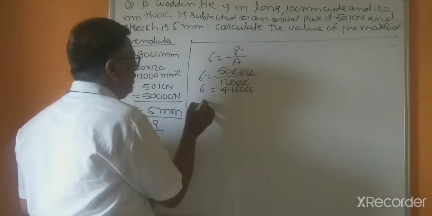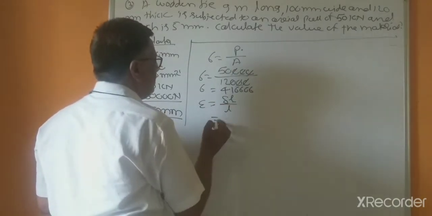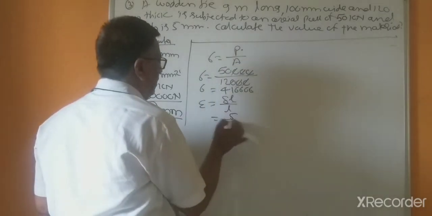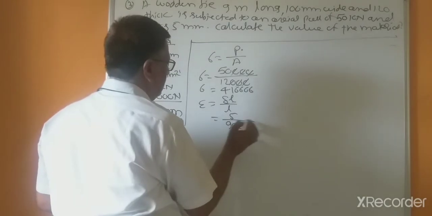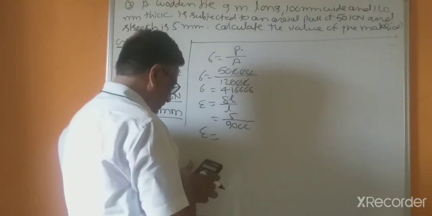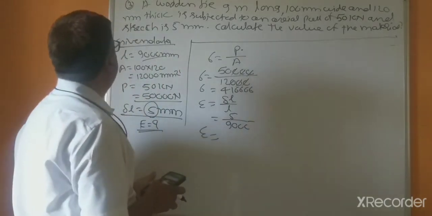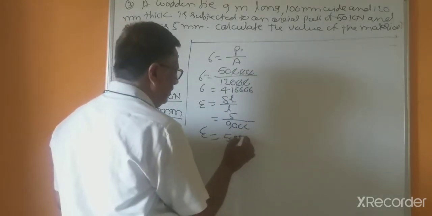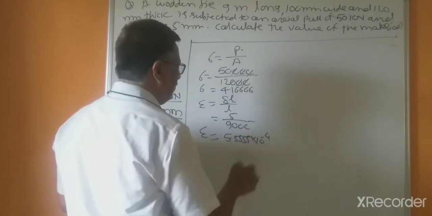Again, strain equals delta L by L. Delta L is given as 5 mm and the length is 9000. This is 5 divided by 9000, right? This is 5.55 into 10 to the power minus 4.